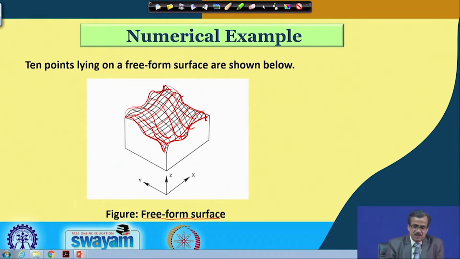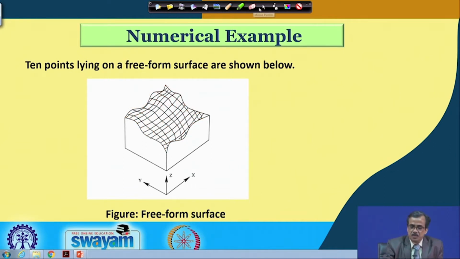Here, for simplicity, I have considered only 10 points lying on the free form surface, and I will show you how to do the clustering, so that we can select the machining strategy accordingly.